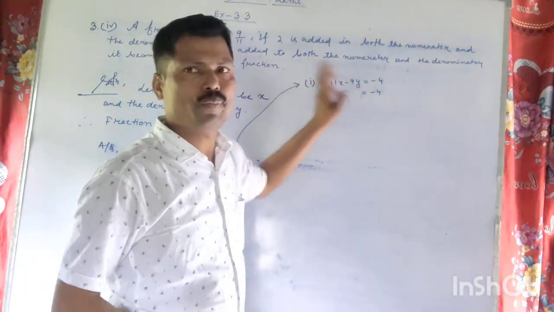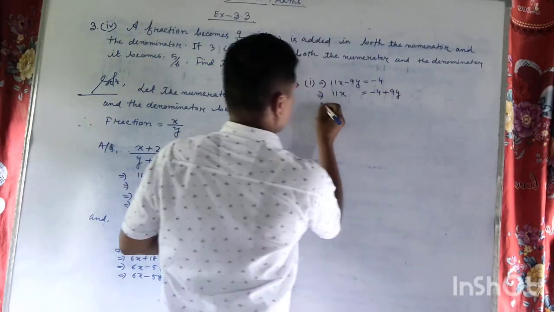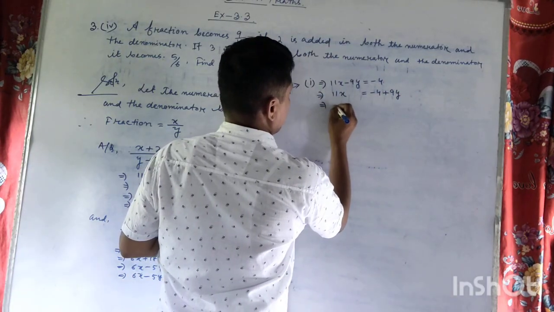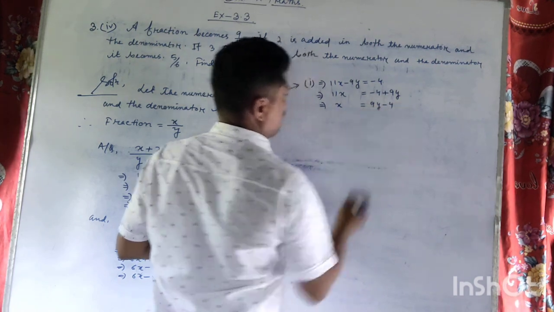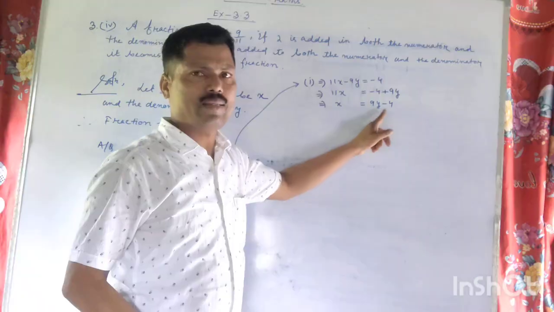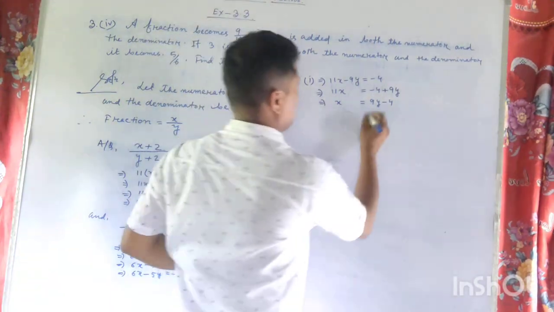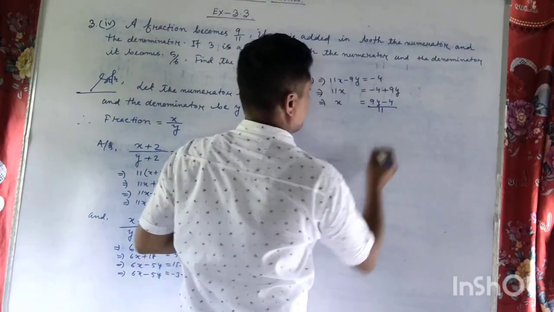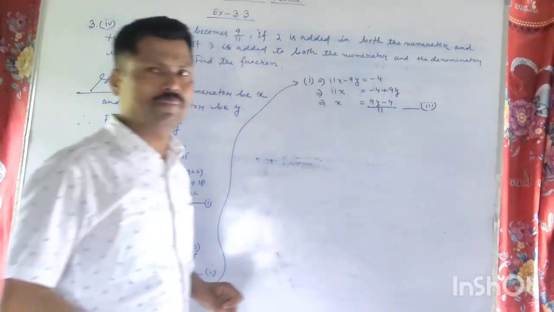Then it will become positive, so plus 9y. So x is equal to 9y minus 4, all divided by 11, because 11 is multiplied on the left, so it is divided on the right hand side. We can call this equation number 3.